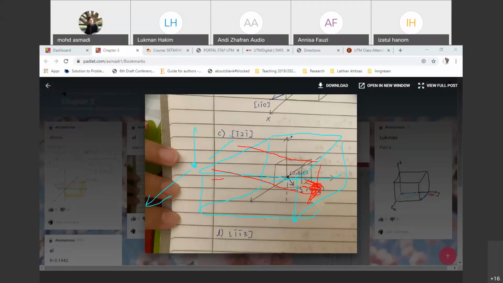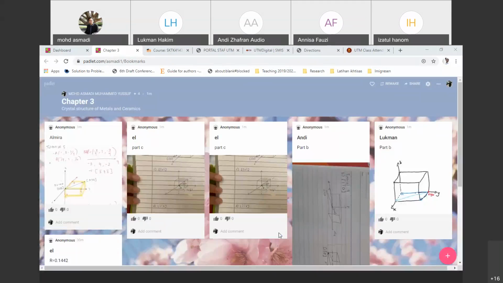Any question? Doctor, I want to ask. If the question is like in Tutorial 4, we have to make two cubes. Let's say we choose Tutorial 4, part B or part C, same.